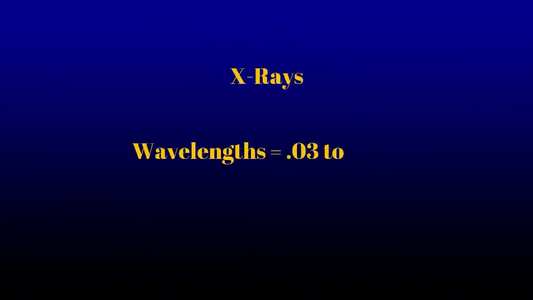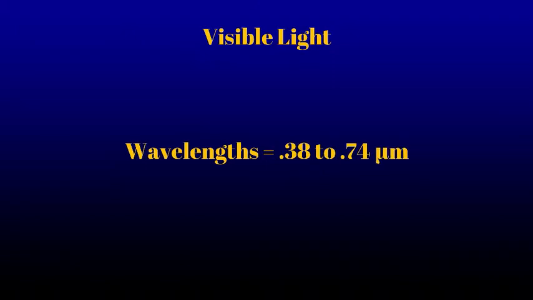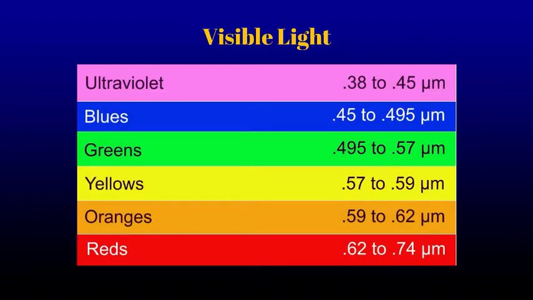X-rays are between 0.03 and 0.06 angstroms. The ultraviolet rays fall between 0.2 and 0.4 micrometers. Visible light falls between 0.38 and 0.74 micrometers, with each color of the rainbow having values between there.